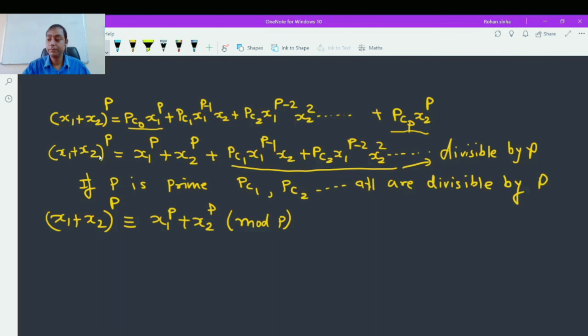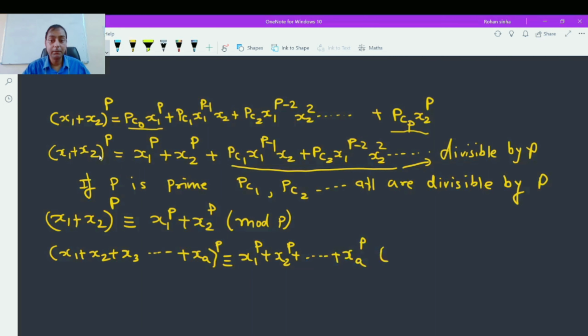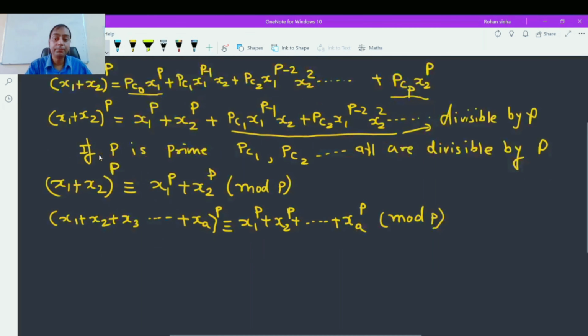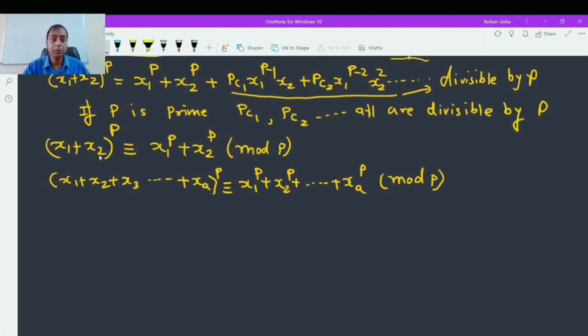In more general, what can we say? (x1 plus x2 plus x3 till xa) whole raised to P is congruent to x1 raised to P plus x2 raised to P plus till xa raised to P mod P. Now putting x1, x2, x3 all equal to 1, what can we say?